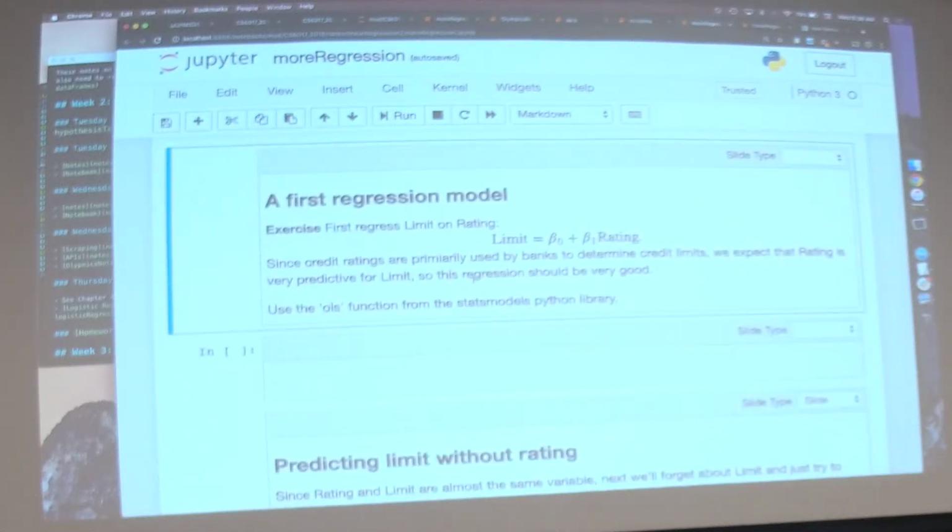Okay, so let's start by doing a linear regression, just to see exactly how the credit limit and rating are related, because we saw that they're strongly correlated.